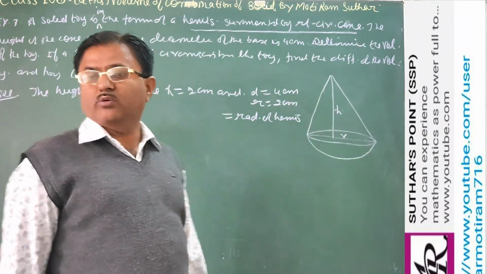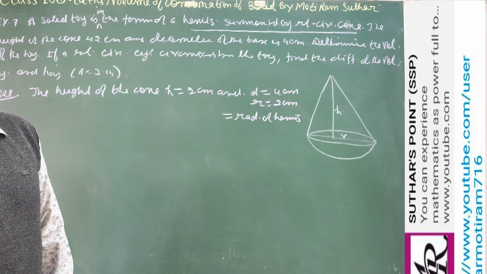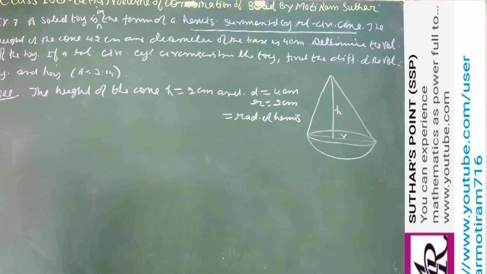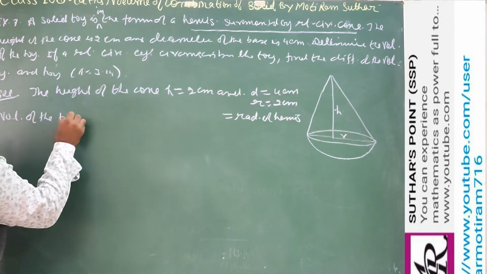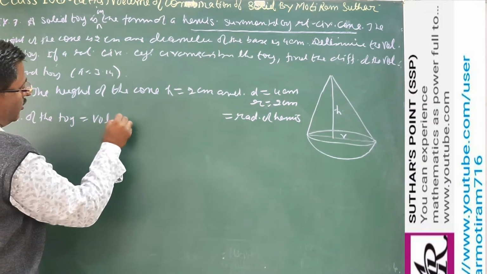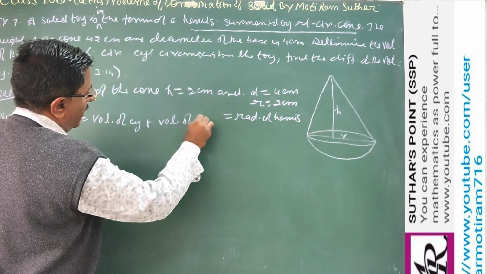Both have equal radius. Now what does the question say? The first part says you have to determine the volume of the toy. So you can write here volume of the toy is equal to volume of cone plus volume of hemisphere.